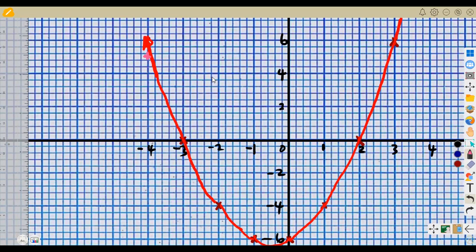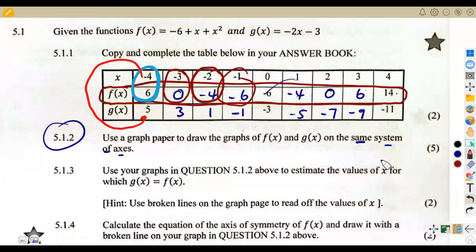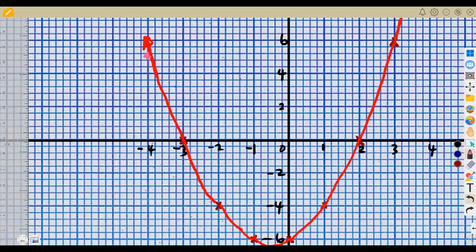After -4, the next point is -3, versus 3 this time. So you're going to mark those points corresponding to each other, -3 and 3. And 3 is in between 2 and 4. So you count 1, 2, 2.5, just in between.